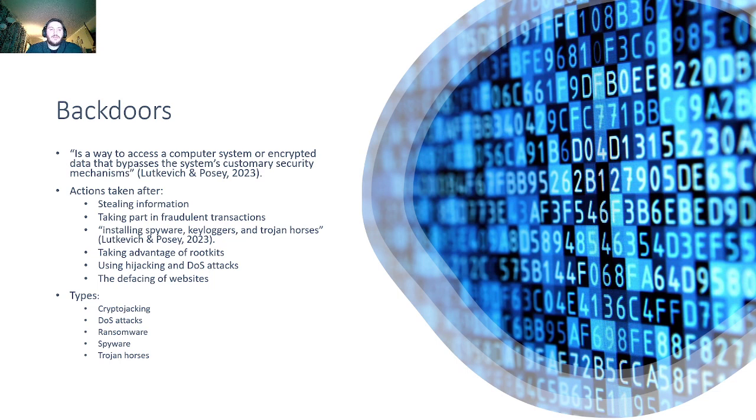So, a backdoor is a way for a criminal to access a, quote unquote, backdoor so it can have access to a system after the initial exploit. So, actions taken after: once these backdoors are in place, an attacker goes to steal information. It takes part in fraudulent transactions.